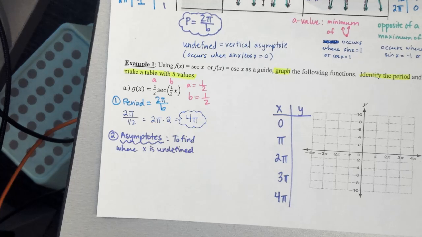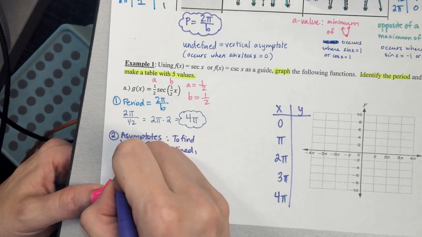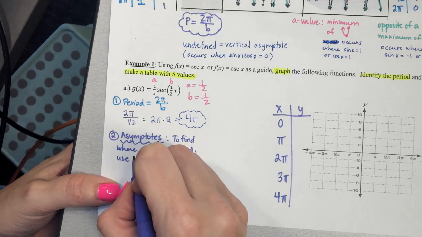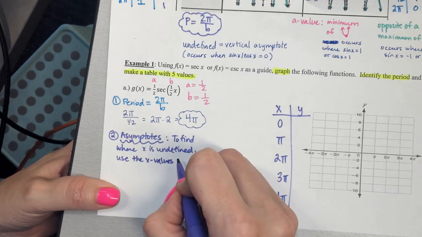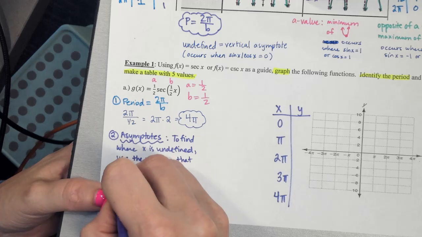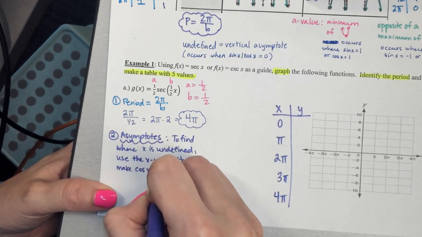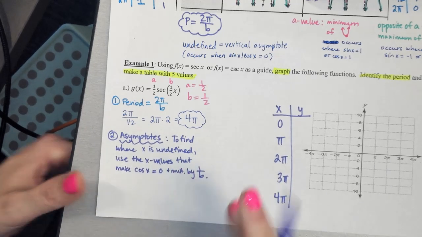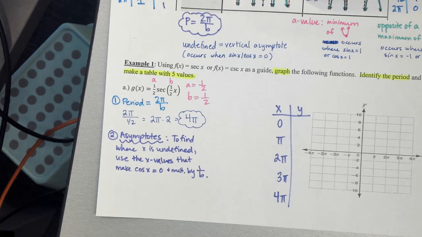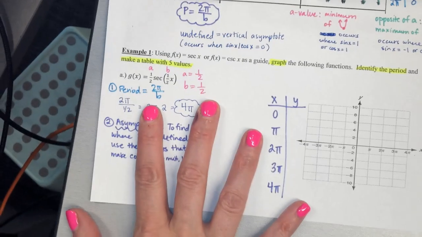So to find where x is undefined, use the x values that make the cosine of x equal to 0, and multiply by 1 over b. Obviously when you're doing your homework, you're not going to have to write that, you're just going to do it. And 1 over b just means the reciprocal of b.